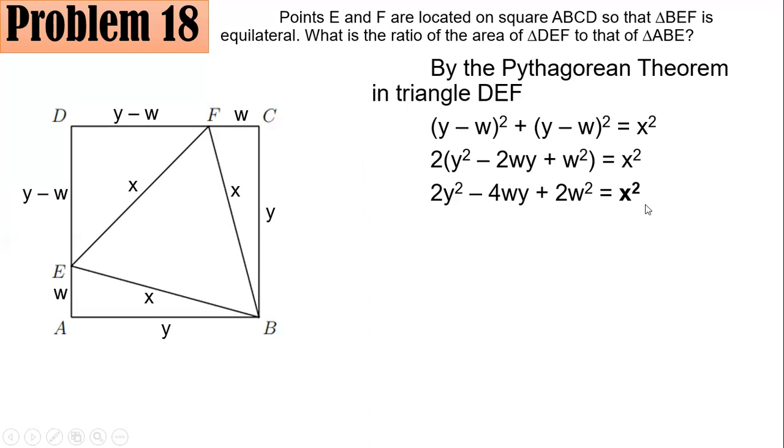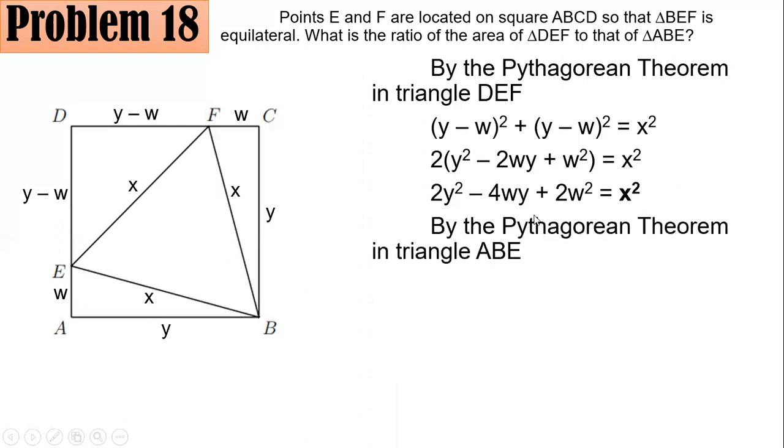Moreover, by the Pythagorean theorem in triangle ABE, that's w squared plus y squared equals x squared. And so you could see, ladies and gentlemen, that this expression equals x squared, and this expression also equals x squared, right?